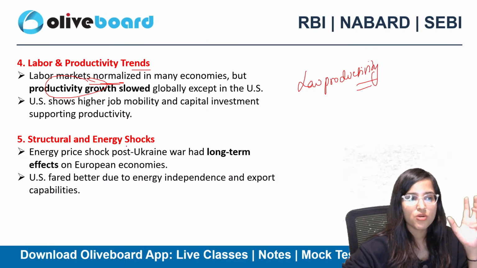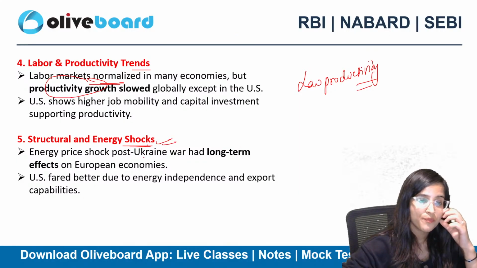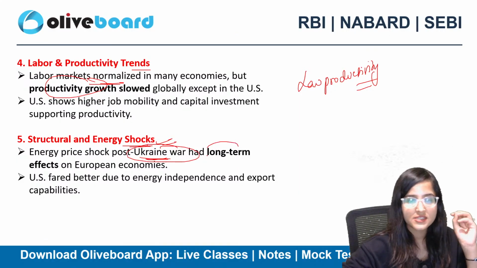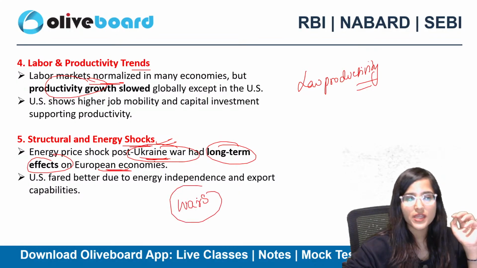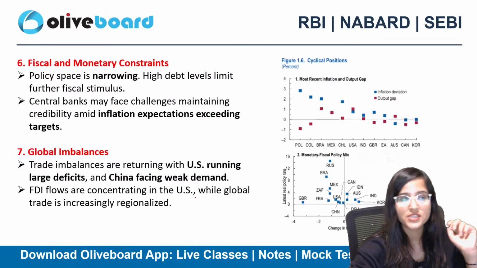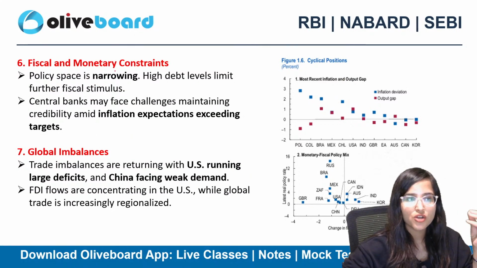Okay, if we talk about structural and energy shocks, because of the Ukraine war, this had long-term effects on European economies. Because of these wars, there are certain shocks on the energy side as well. Then if we talk about fiscal and monetary constraints, policy space is narrowing.